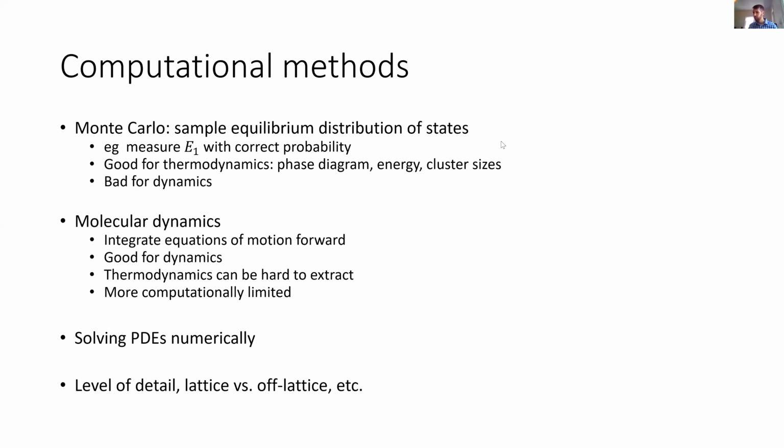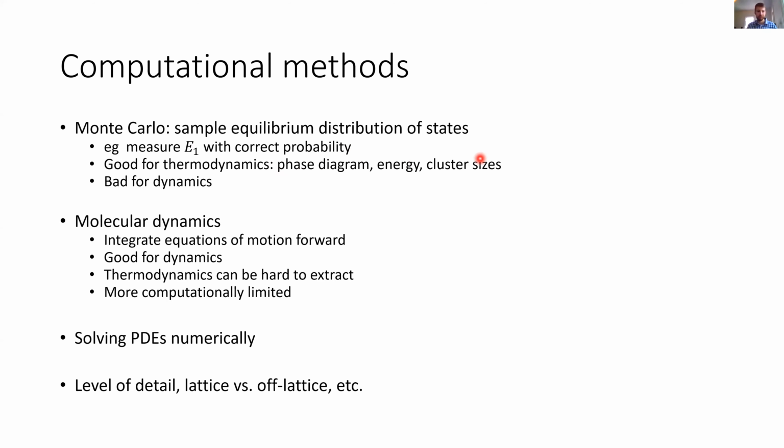What Monte Carlo will do for you is guarantee that it's going to spit out states that have the right statistical properties. And so you're going to, say, measure a certain energy with the right probability. And this is great for thermodynamic properties, like getting the phase diagram or figuring out the energy of the system or what the protein cluster sizes are.